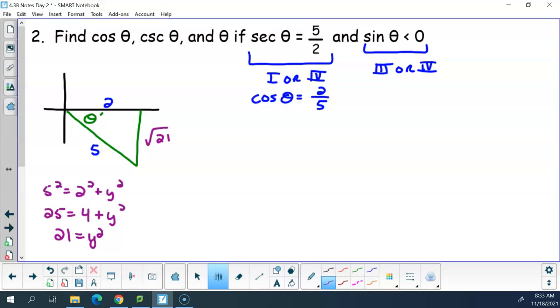So my missing side is the square root of 21, right? But really I'm thinking about it as negative square root of 21 because we're in quadrant 4.